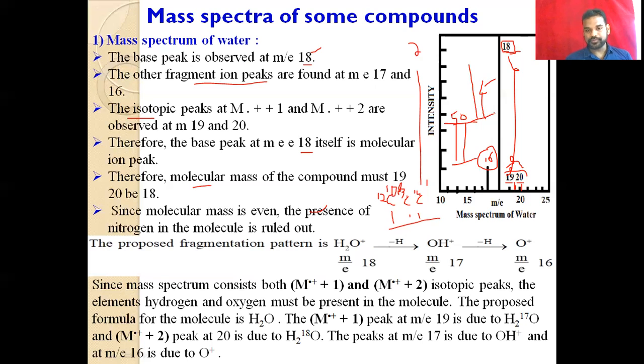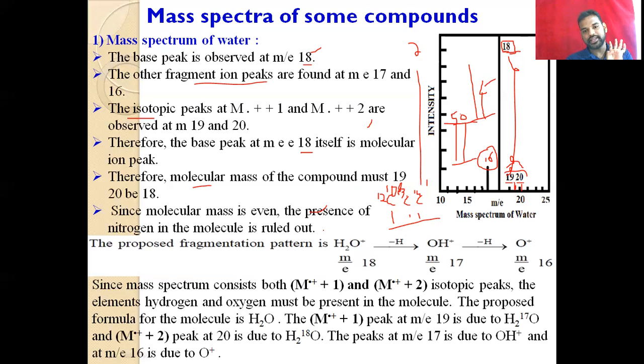So for the compound with 18 as molecular mass, we can expect no nitrogen or two nitrogens. But its molecular mass is only 18. If we have two nitrogens, normally the molecular mass of the compound is more than 18. So we can rule out nitrogen here, and easily understand there is no nitrogen.